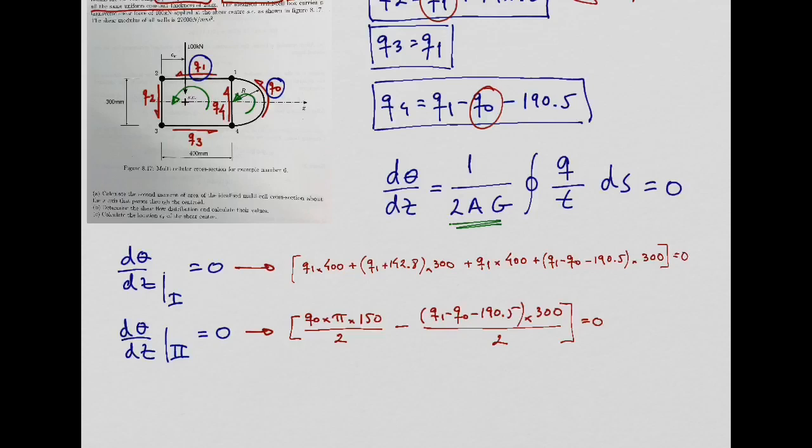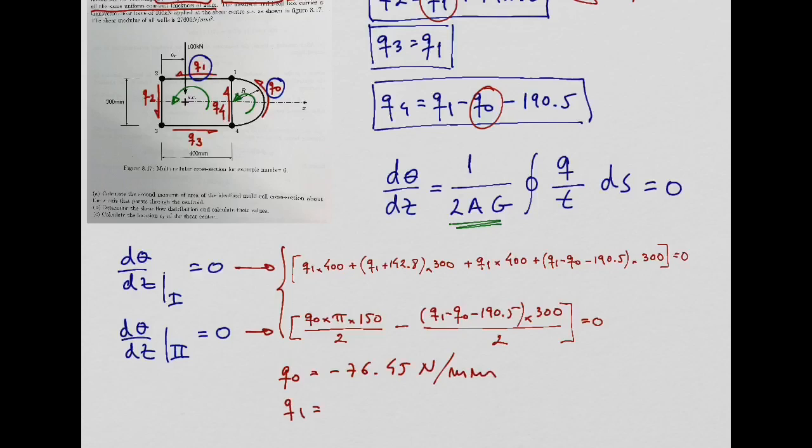Now basically you just need to solve this. You have here a system of equations, 2 equations for 2 unknowns, Q0 and Q1. You just need to solve this, but I can save us some time because the results I have here for Q0 is minus 76.45 Newton per millimeter.